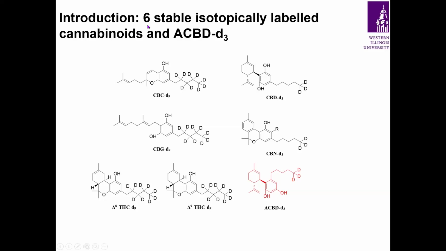Our study also used the 6 stable isotopically labeled cannabinoids, as shown over here, plus ACBD-D3 in LC-ESI MS analysis. We didn't use 18 isotopically labeled cannabinoids because some of them were not available and some of them were available but very expensive.